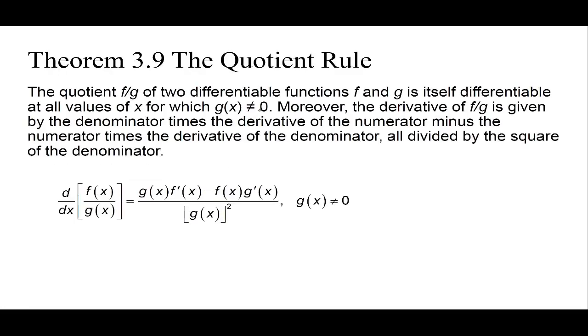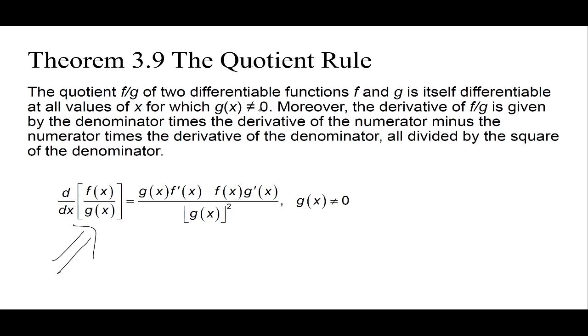That's the product rule. Now the quotient rule. Whenever you have a function on the top and another function on the bottom, and both of these functions are differentiable, the quotient f over g, this is the division sign, of two differentiable functions f and g is itself differentiable at all values of x for which, keep in mind, the function on the bottom is not 0.